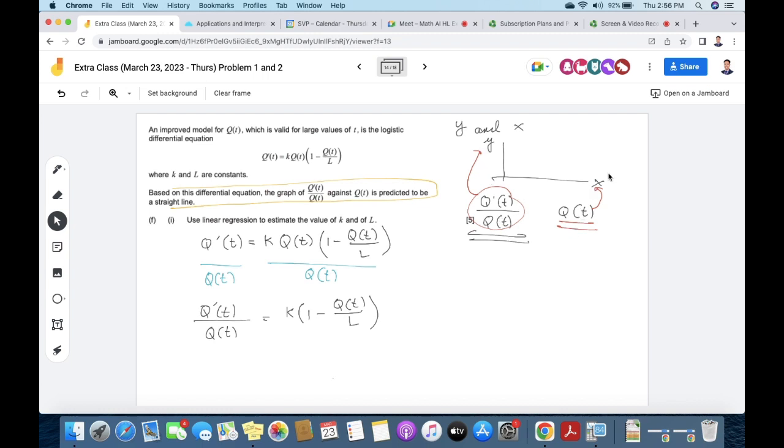Q of t is your x. K and L are simply constants. They are values. K and L are constants. Look at this one. So I can rewrite this just to make it simple. I can rewrite this as y equals k times 1 minus x over L. Before I proceed, questions?